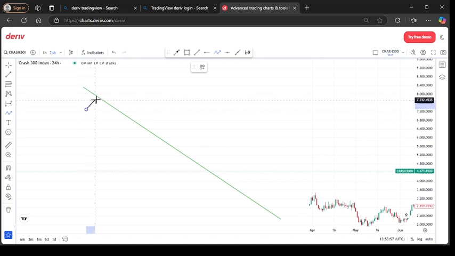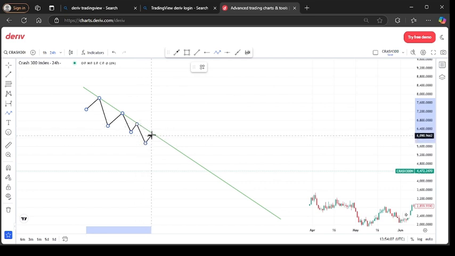In a downtrend, price moves like this. Price moves like this. As you can see, the price is respecting the trend line.